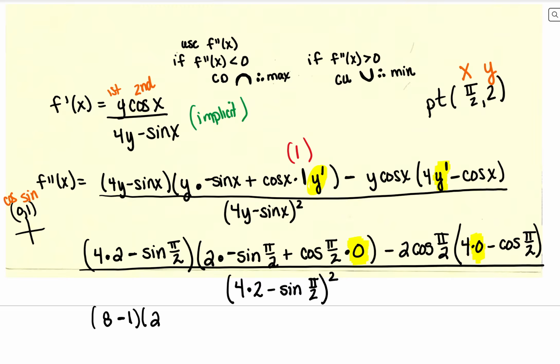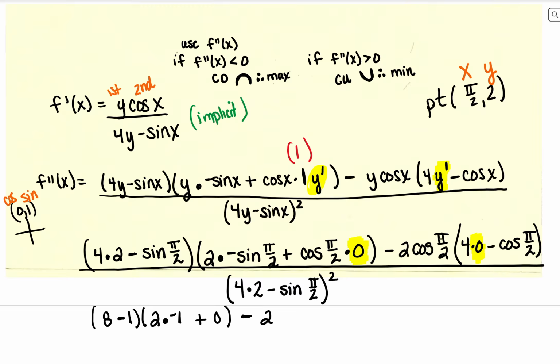Here we're going to have 2 times the sine of pi over 2, which is 1. That'll be negative 1 because of the negative, plus the cosine of pi over 2, which is 0. And then this right here, 2 times 1, I don't need my parentheses, plus 0, minus 2.